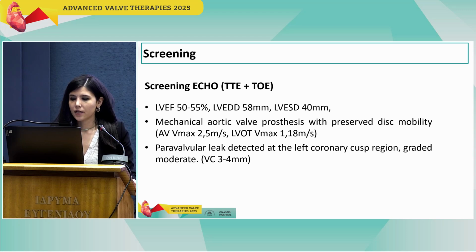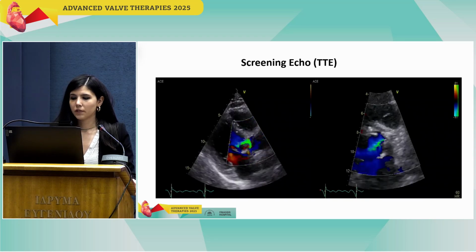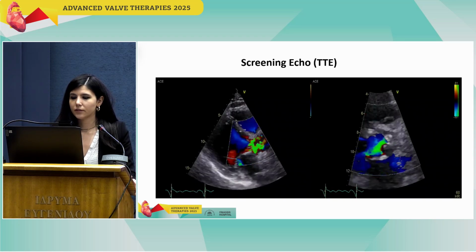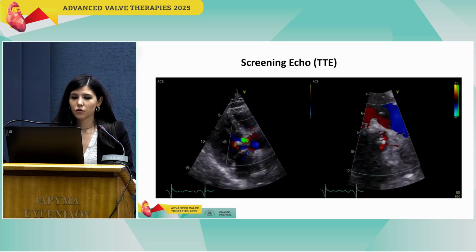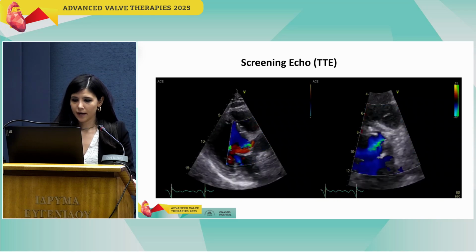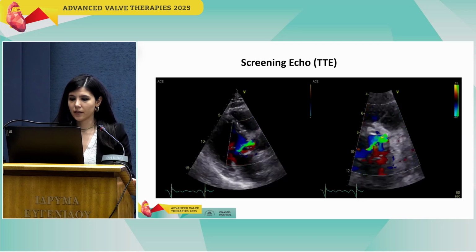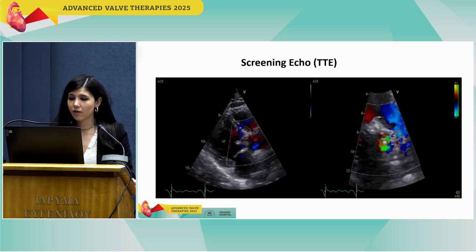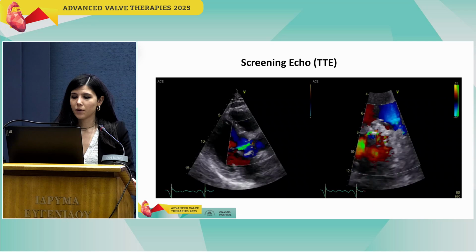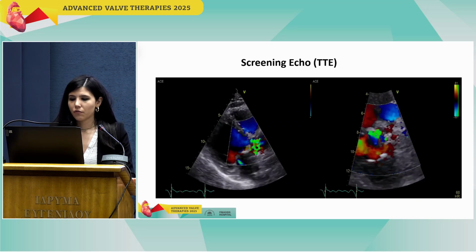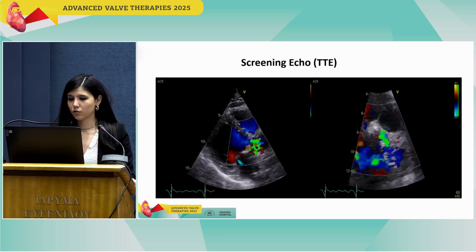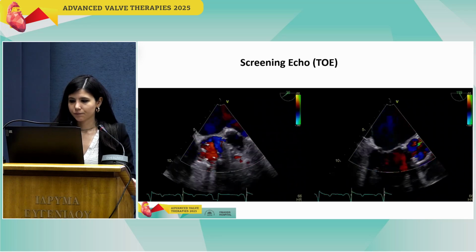The transthoracic echocardiogram performed in our department, as shown here, demonstrated preserved LV ejection fraction of 50-55% with normal disc motion in the mechanical valve, and confirmed the presence of a moderate paravalvular leak at the region of the left coronary cusp with a vena contracta of 3 to 4 millimeters.